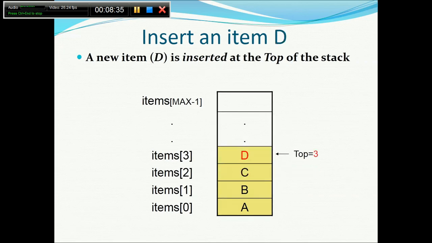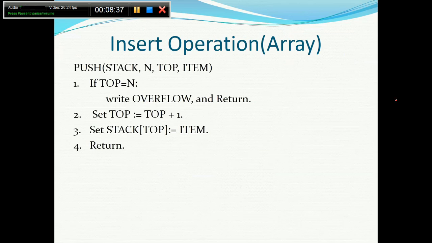So what could be the algorithm now? Simple. Push. We have the stack, which is in the form of an array at this moment, and n is the size of the array. Top is the last position where an item has been inserted. It is pointing to the topmost element in the list, and item is the element that I want to add.